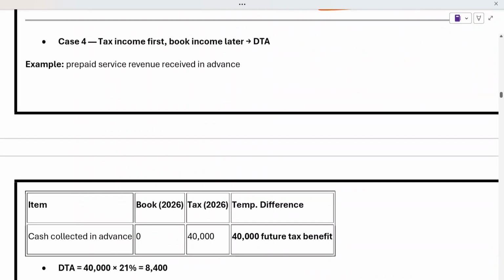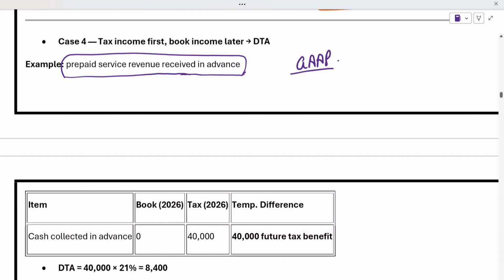Let's see the fourth case, wherein we are saying prepaid service revenue received in advance. Now what may happen in your GAAP books, you always know that your books are prepared based upon what? Accrual concept. So for example, this is your year 1 and this is your year 2, and at this point of time you received $2,400 as rent for both of the years.